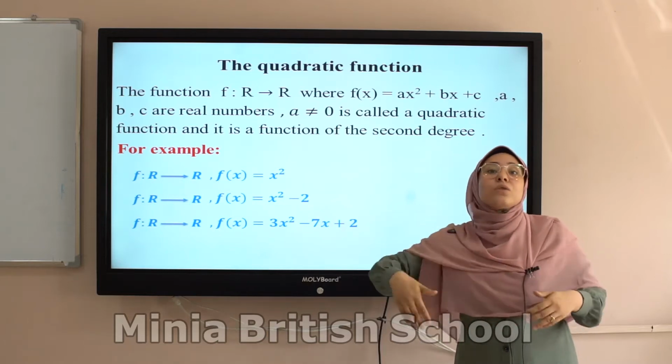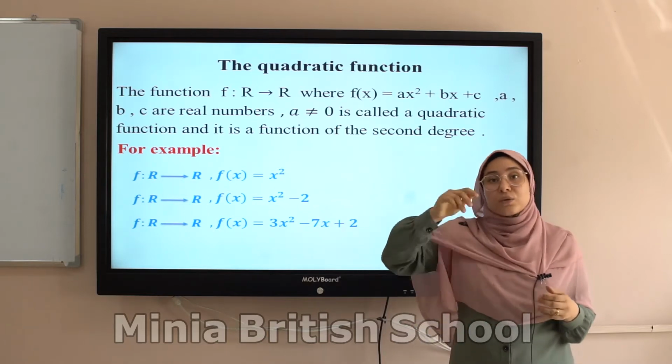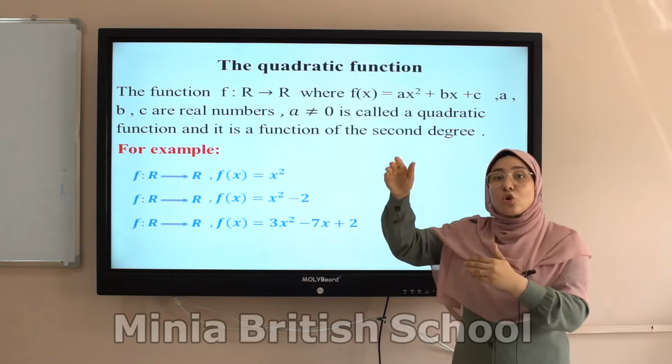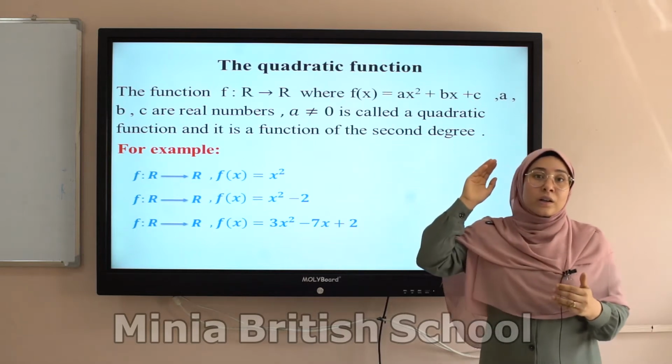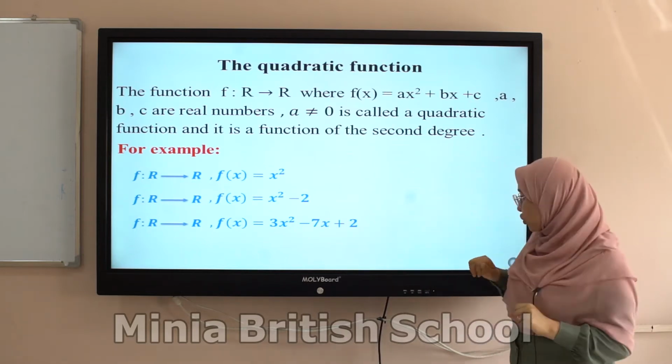Then we can draw the curve passing through these points to show the curve which represents this function.